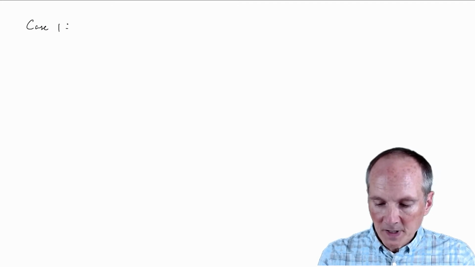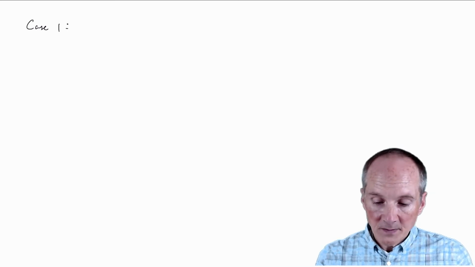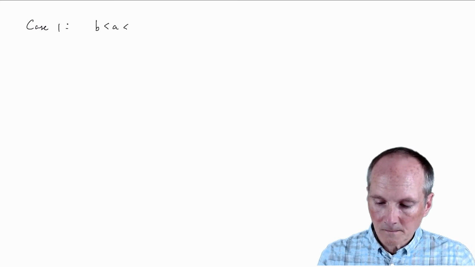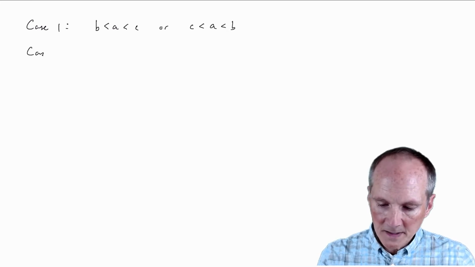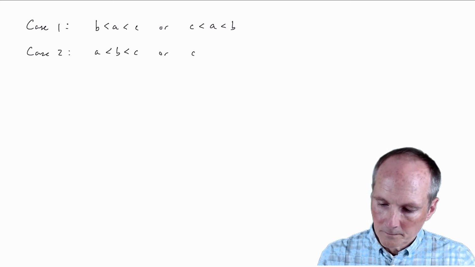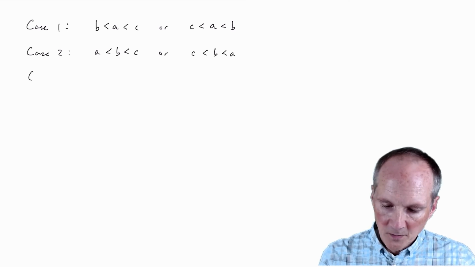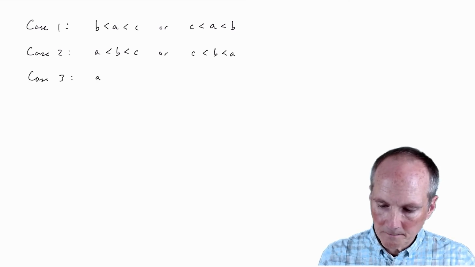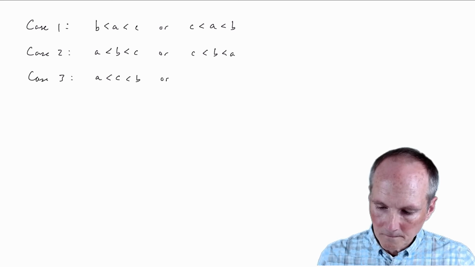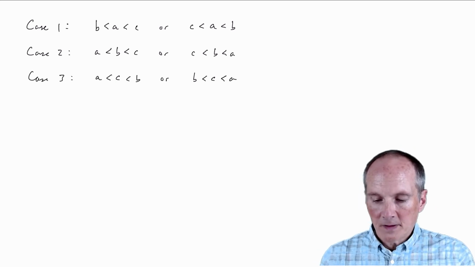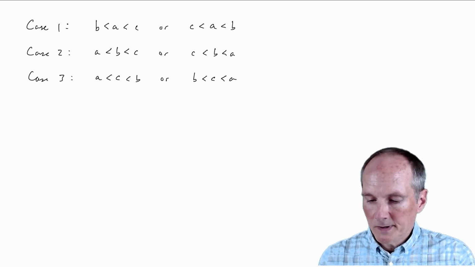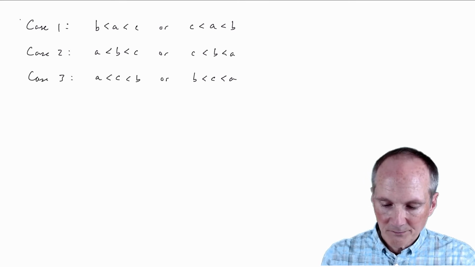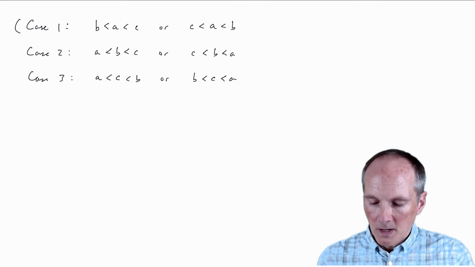So it might be that A is in the middle, or it might be that B is in the middle, or it might be that C is in the middle, okay? They're all proved in the same way, so let's pick case 1 and just see how that works. Right?